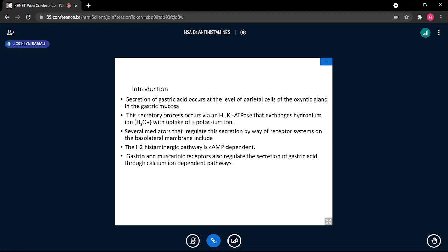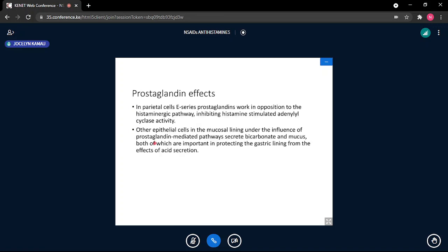So we are only saying different ways can trigger the release of this HCl. But when we give these drugs, at least they will block one pathway, which is the histaminergic or H2 cyclic AMP dependent pathway. Then the prostaglandin effect, we've already looked at prostaglandins, and we're just reminding ourselves that also in parietal cells, the E series prostaglandins work in opposition to the histaminergic pathway, inhibiting histamine-stimulated adenyl cyclase activity.